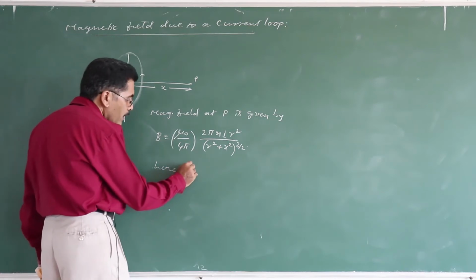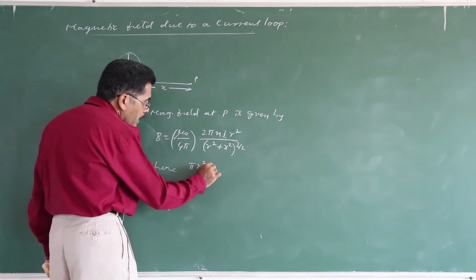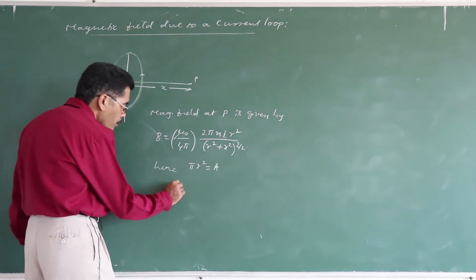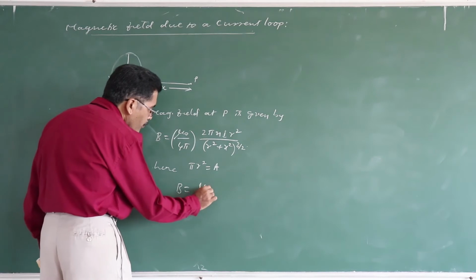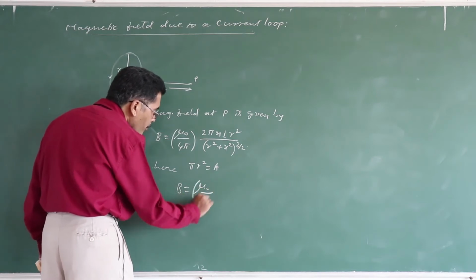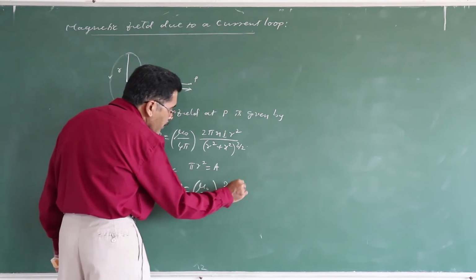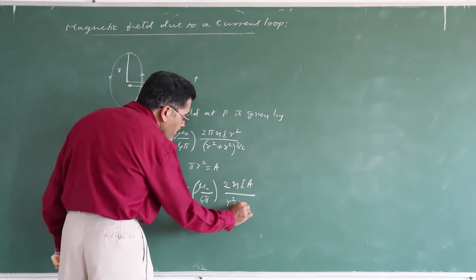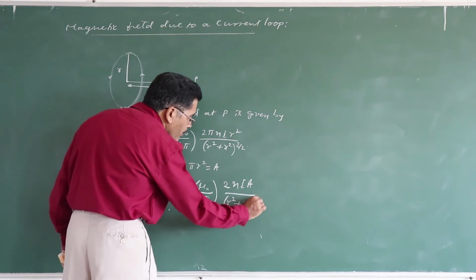Here pi r square I take as the area. See, therefore B is equal to mu naught by 4 pi, 2 into n into I into a divided by r square plus x square whole to the power of 3 by 2.